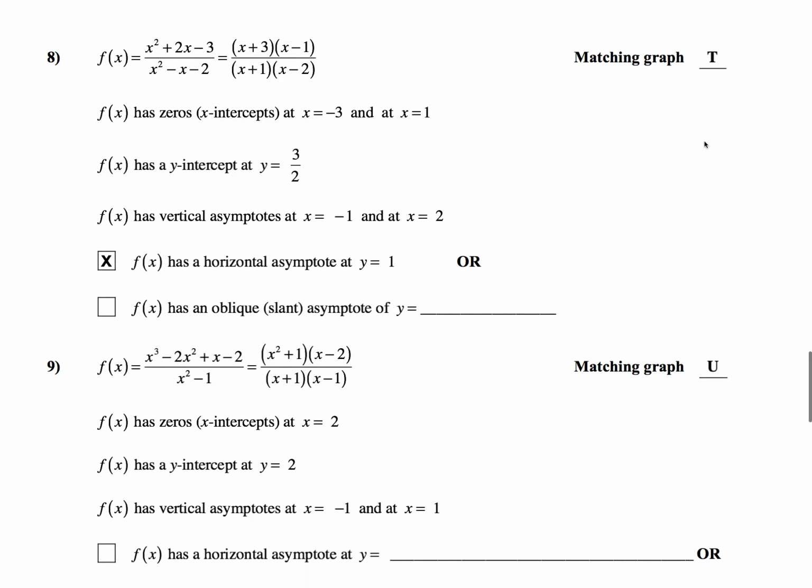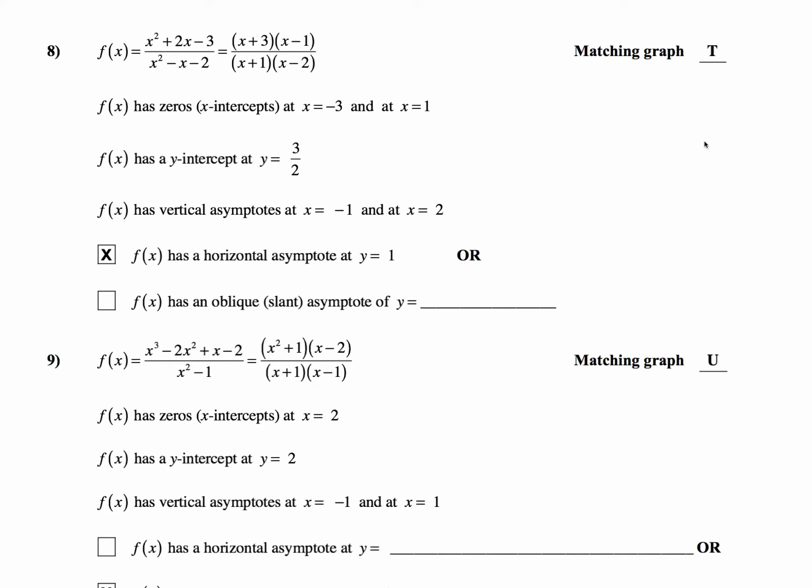Now when we get to question 8, we see our first rational function, and it's presented in its standard form and its factored form, so it's easy for us to determine that the x-intercepts are at negative 3 and positive 1.